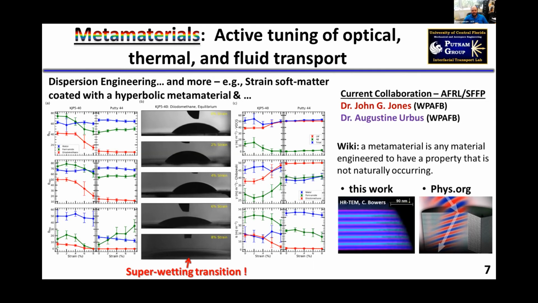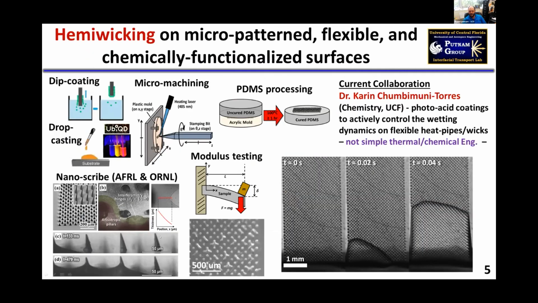So this is where I see the future of my group. I talked about chemical functionalization. I talked about physical changing of surfaces. So now let's consider that we put pillars on a surface, but now we coat all of these pillars with a metamaterial.